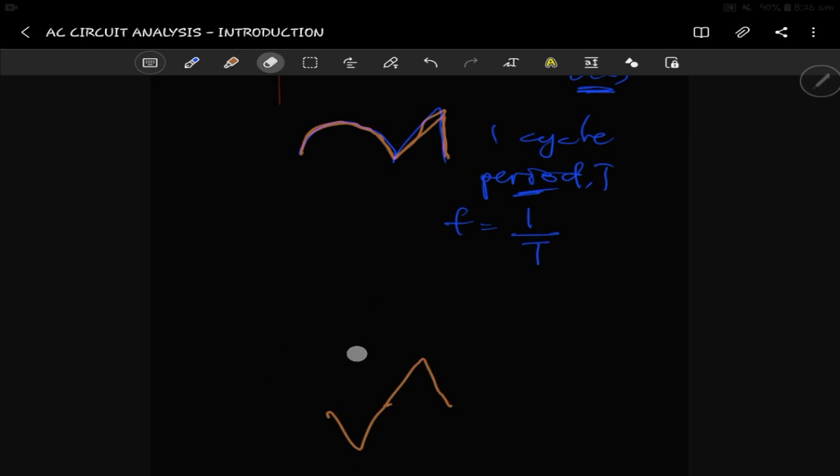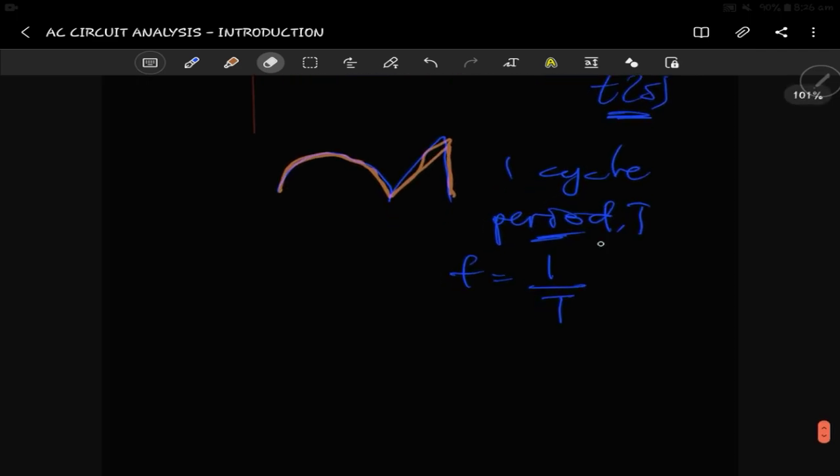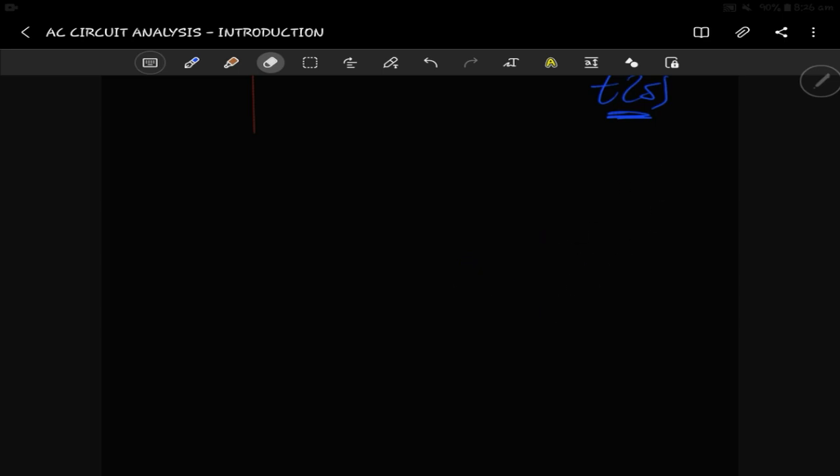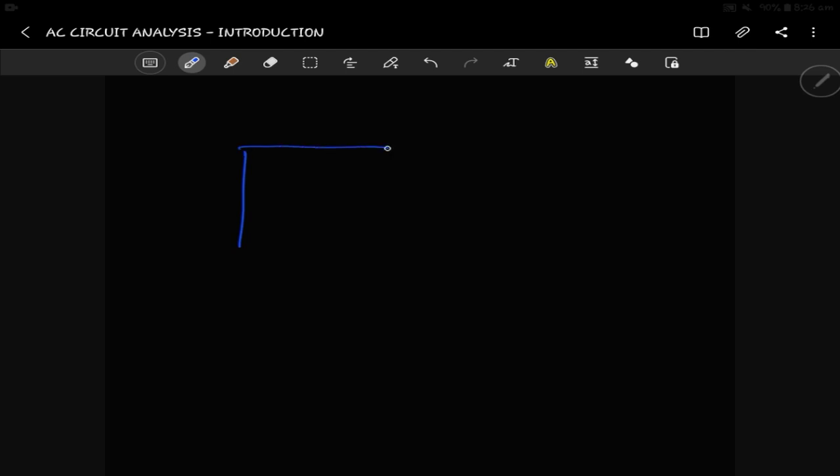Okay, but then what happens is that whenever we are using any of these, whether AC or DC, they each have their own advantages. But there are some things that are very important in this discussion. Let's say you have a circuit with a voltage source and a resistor.